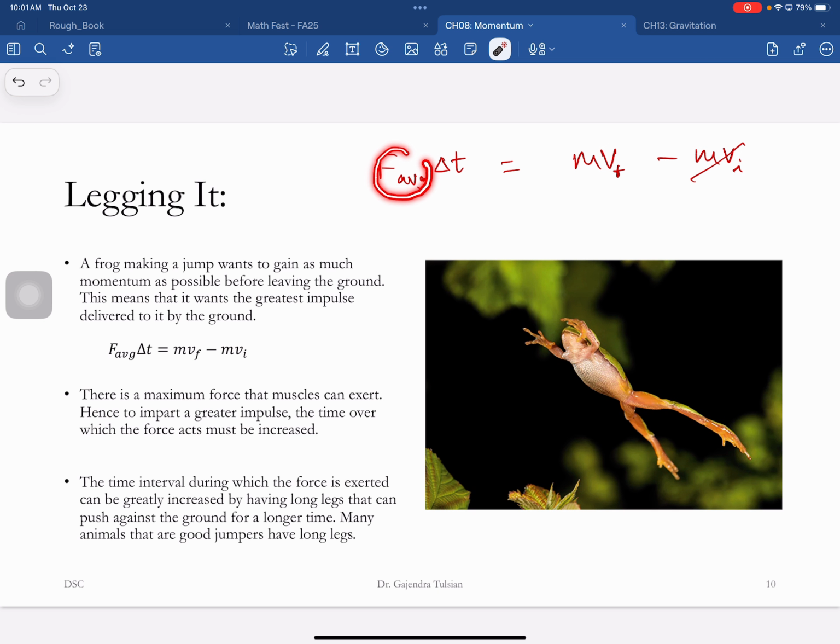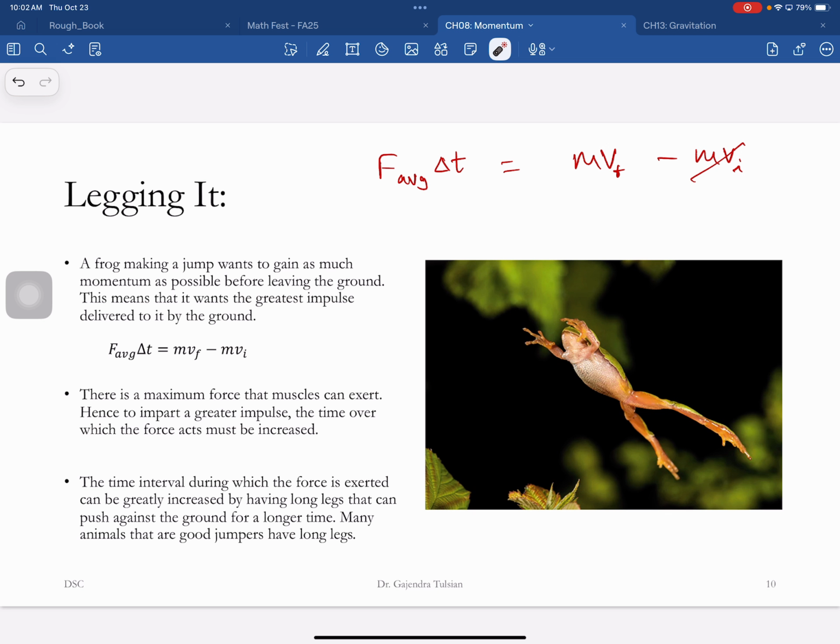So if you want to go as fast as possible, if you want to jump high, what can you do? You want to make this bigger. This is fixed. All you can do is increase this time, the time over which the force is applied. Here, you've done this subconsciously. You knew this equation.